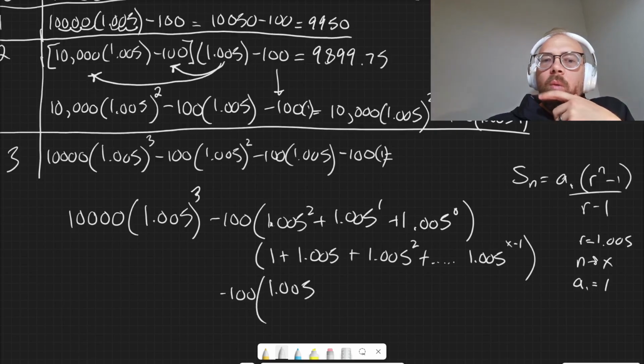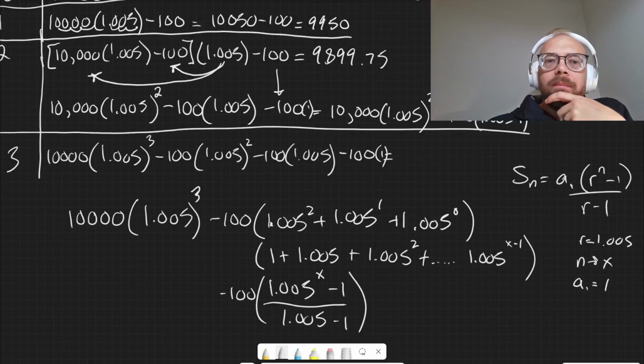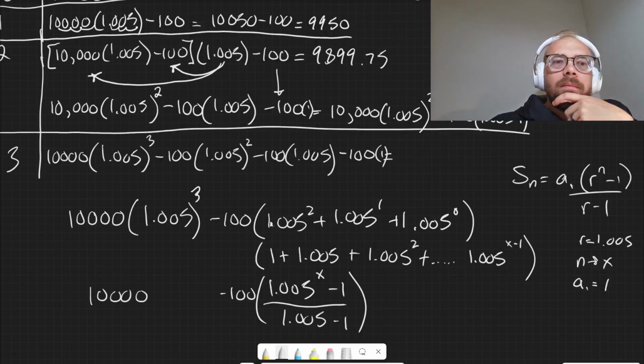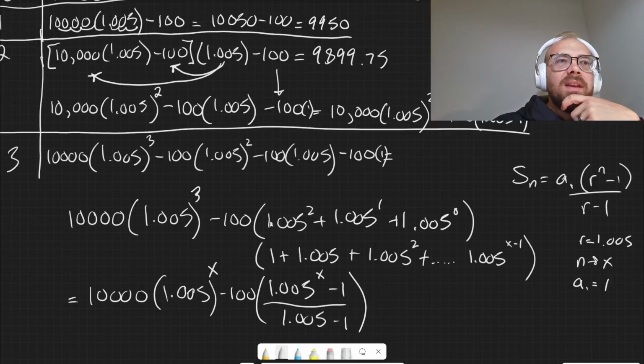So 1.005 to the x power minus 1 over 1.005 minus 1. And then we've got this to the third power, and now we can take that 3 out and just call it x. And so this would be the amount after x years.